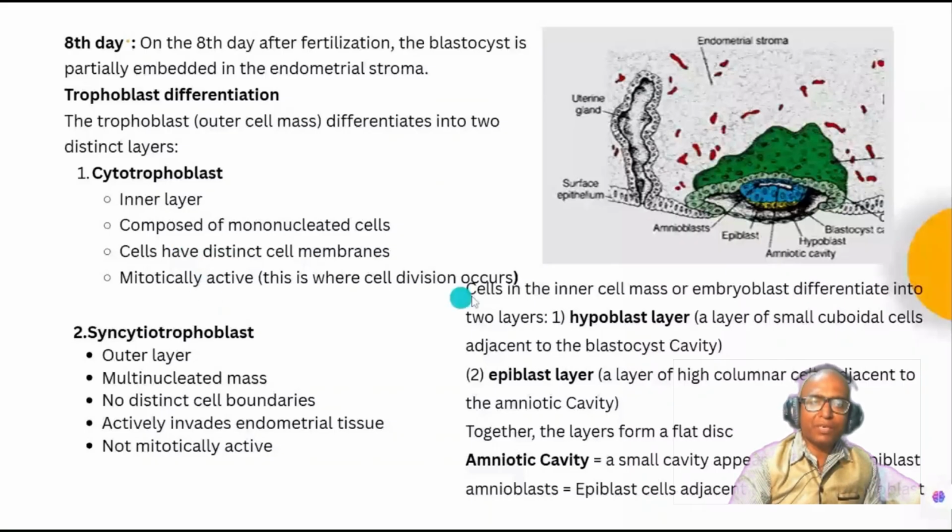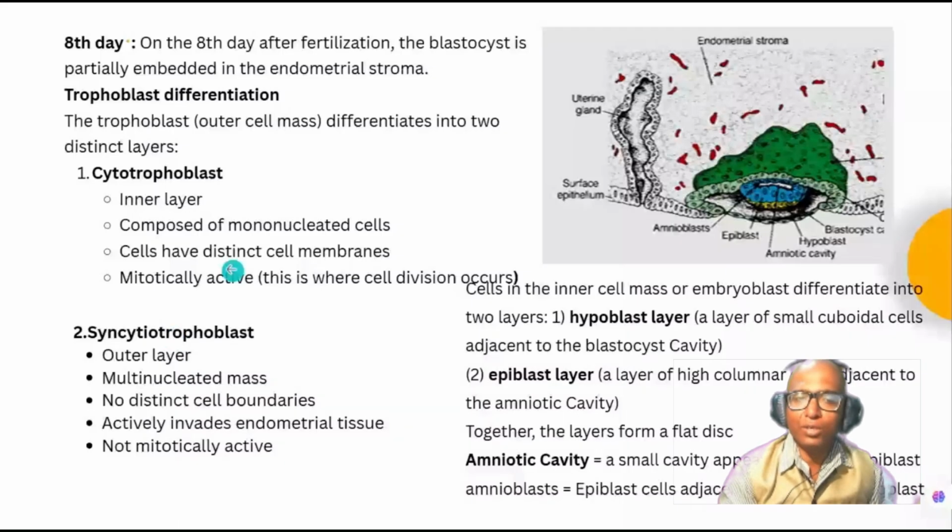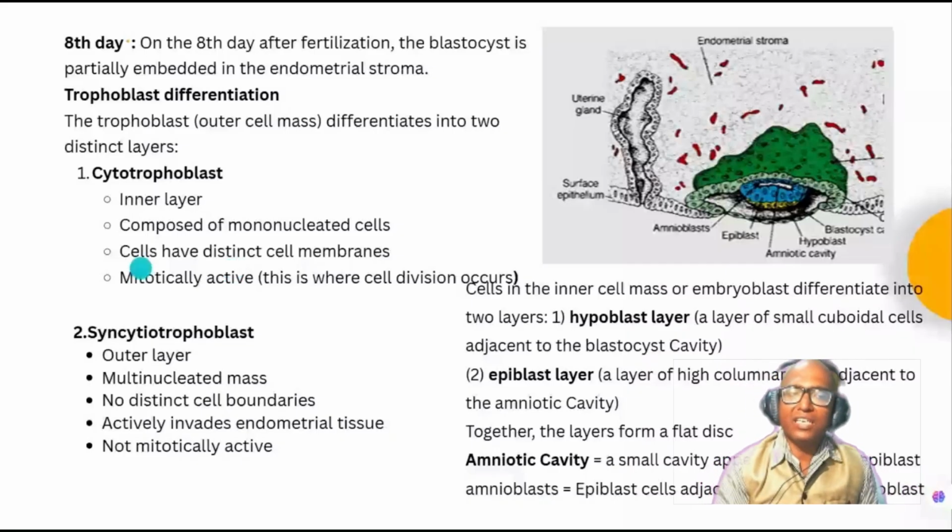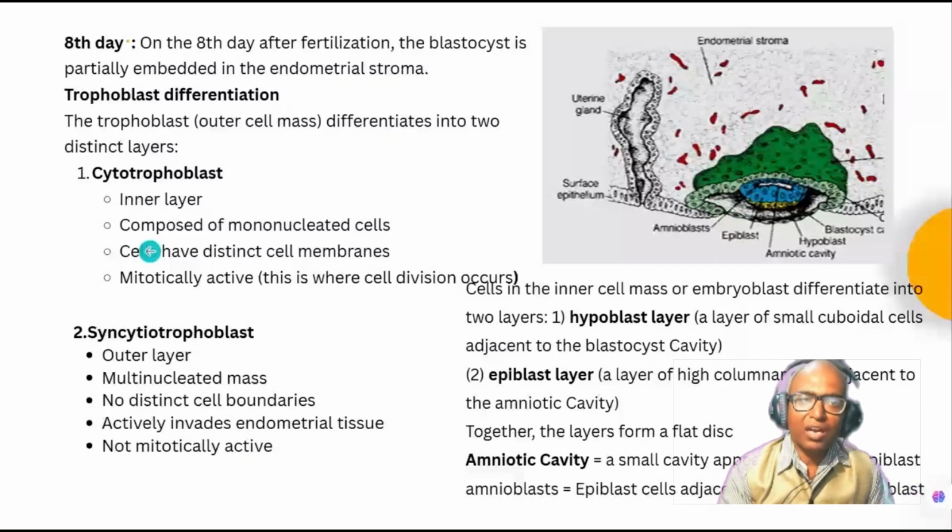Remember, there is a difference between the cytotrophoblast and the syncytiotrophoblast. The cytotrophoblast cells are mitotically active, while the syncytiotrophoblast cells are inactive as far as mitotic divisions are concerned. This is the inner layer, that is cytotrophoblast. It is mononucleated, while syncytiotrophoblast is multinucleated. The cytotrophoblast has distinct cell borders, and syncytiotrophoblast does not have distinct cell borders.